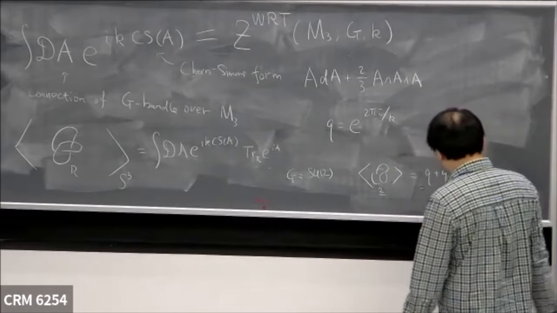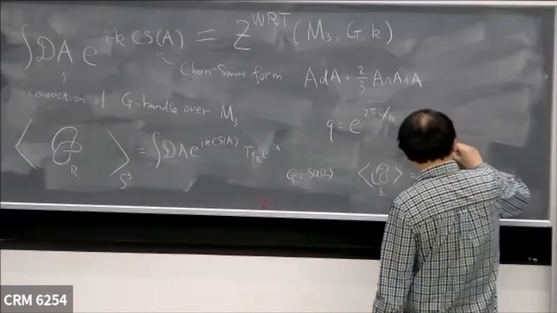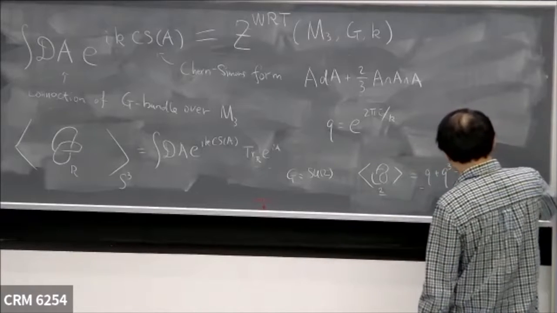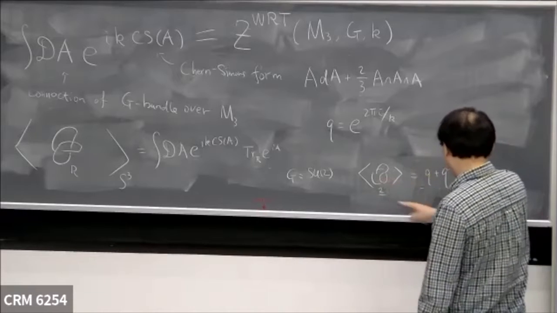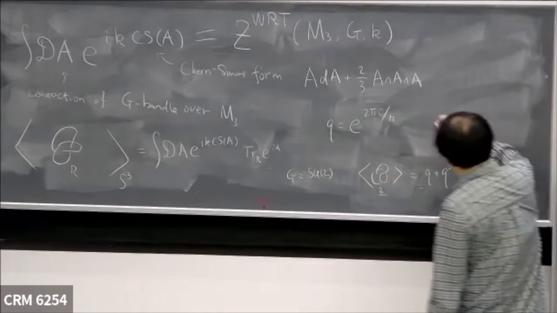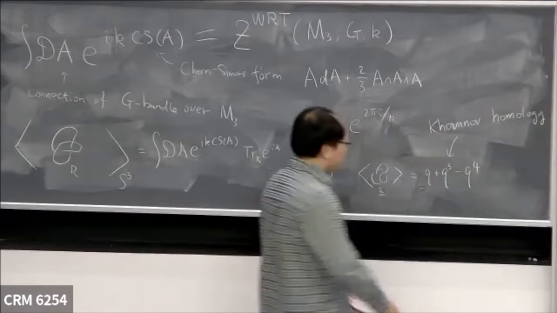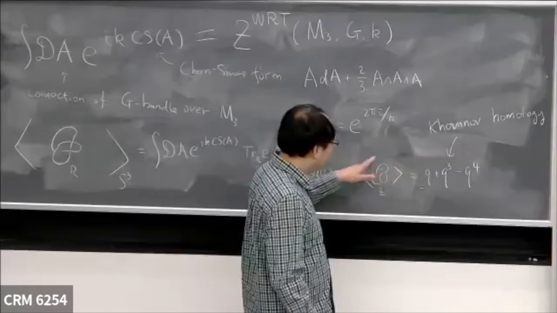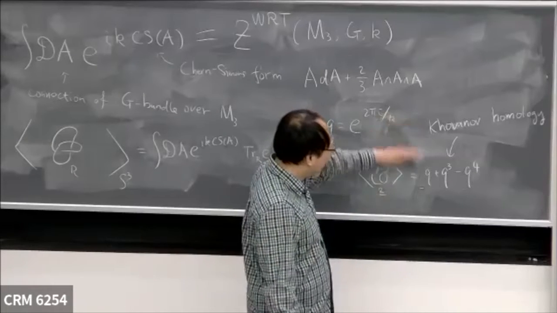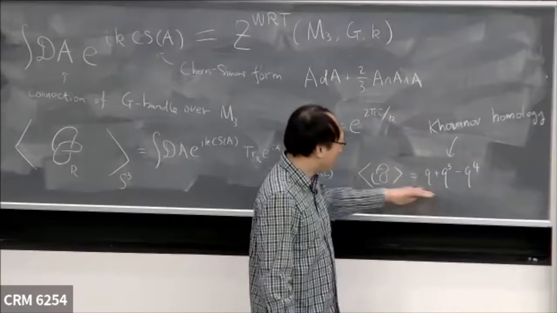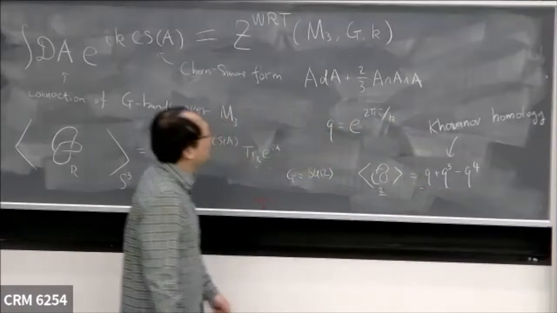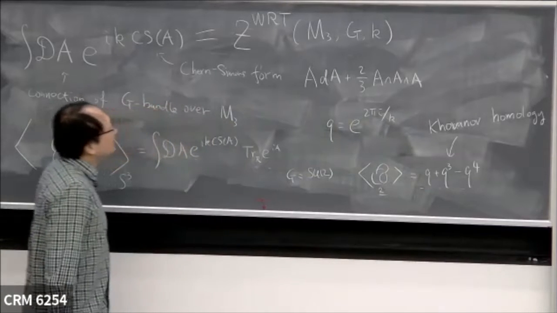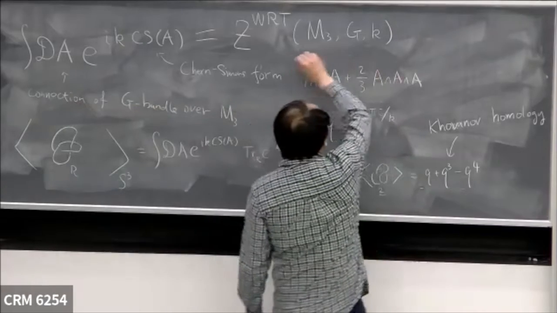This is explained by Khovanov, who tells us that one can categorify this knot polynomial by Khovanov homology. There are some abelian groups that you can associate with this knot, and if you take the Euler characteristic, you get back this knot polynomial. One question that has been bothering many people is how to categorify the WRT invariant.